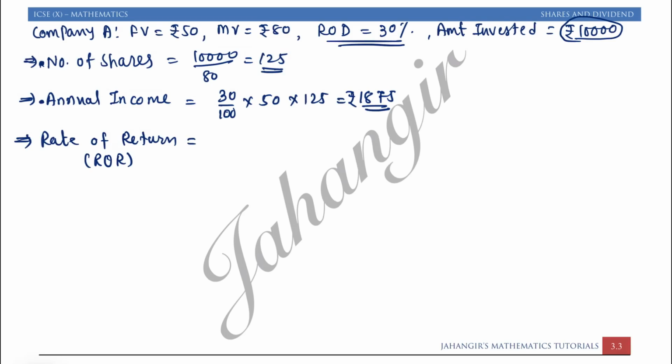So rate of return is annual income upon amount invested into 100. So just cancelling, you will get 18.75%. Now this 18.75 is a percentage on market value, and dividend is the percentage on face value.